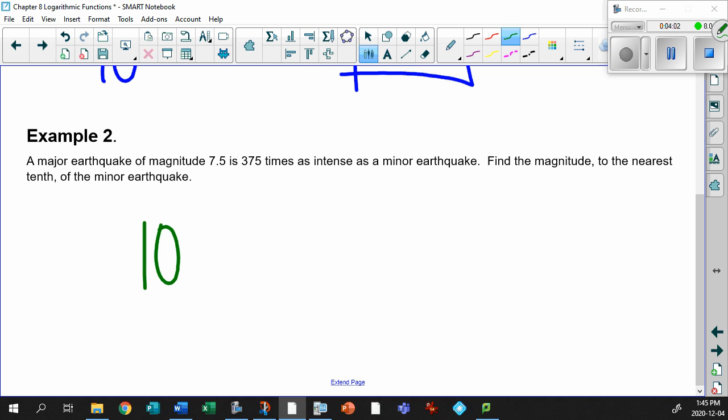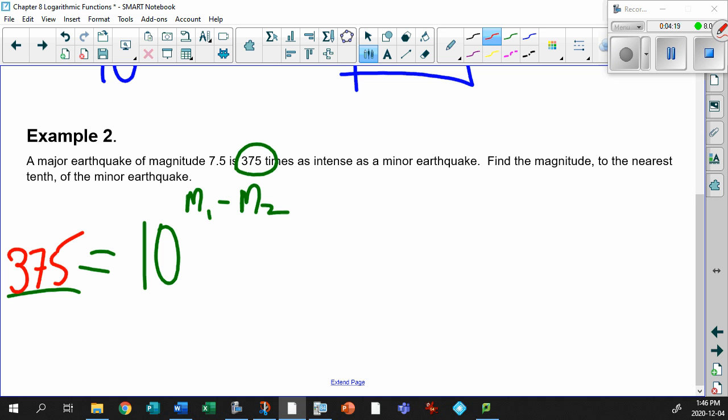You take the magnitude of one earthquake, subtract the magnitude of the second earthquake, and it tells you how many times more powerful it is. This one is 375 times more powerful. So there's 375 times more powerful, and a magnitude of 7.5 compared to a weaker one. The whole question is, find M2.